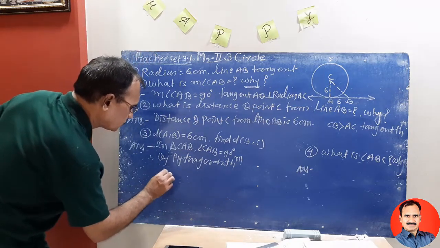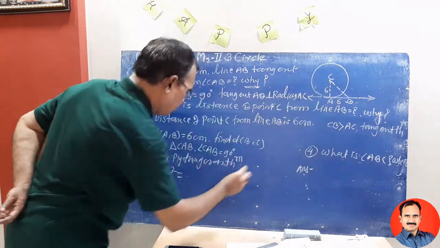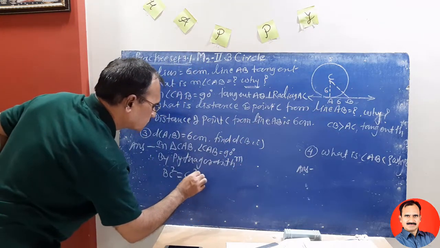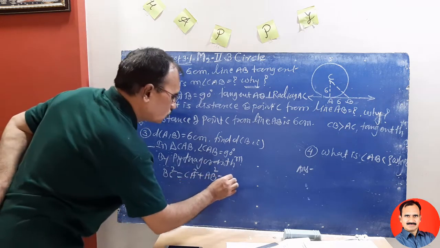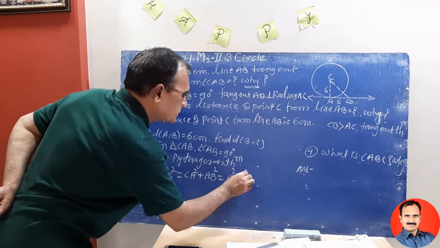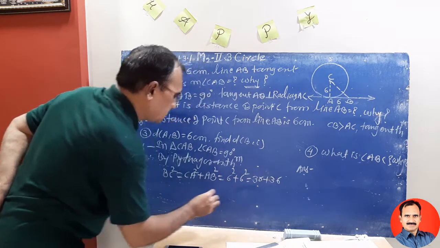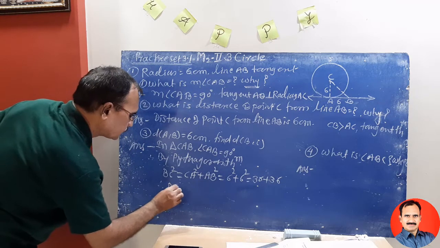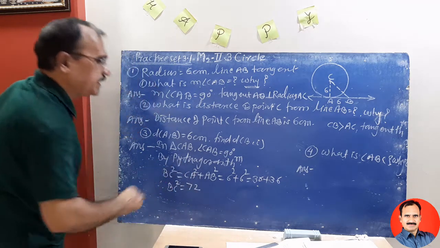Therefore BC square is equal to CA square plus AB square, is equal to 6 square plus 6 square, is equal to 36 plus 36, and therefore BC square is equal to 72.